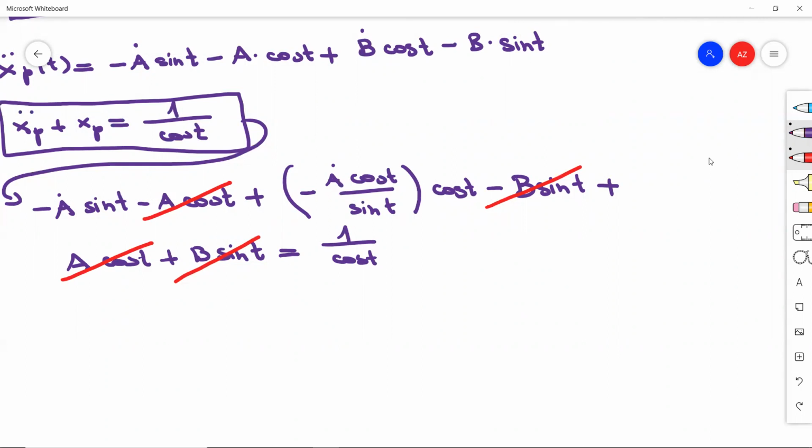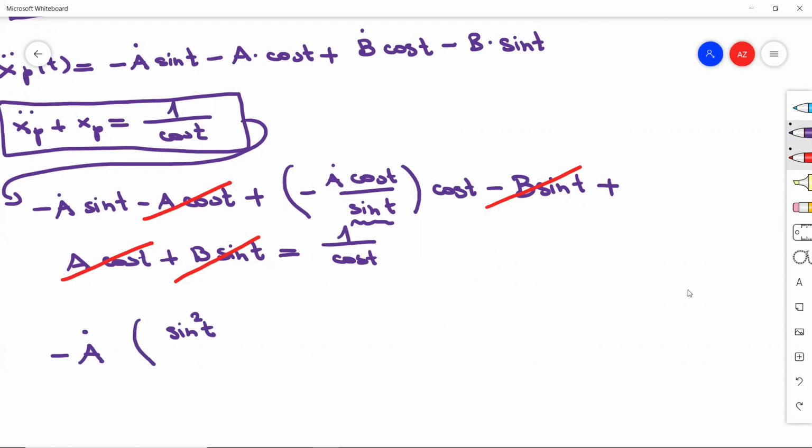What can we do here? We have a prime. We can factor out a prime from the left-hand side, minus a prime, in fact. And to put everything on the same denominator, we have sine t. So the first term is multiplied by sine t.